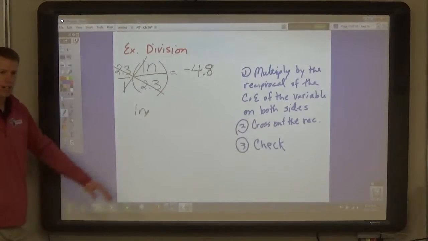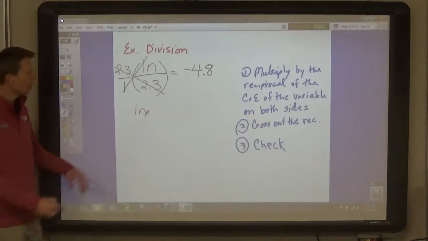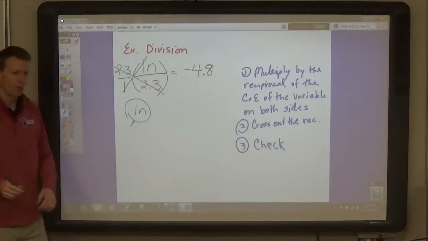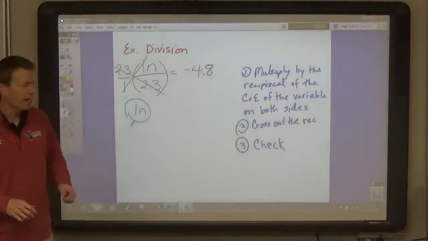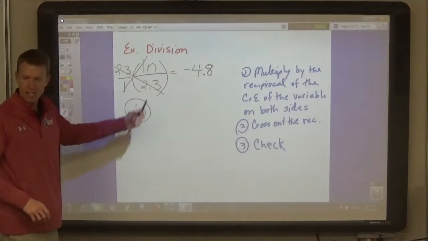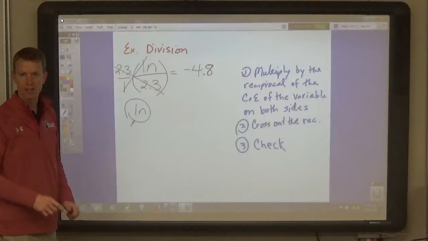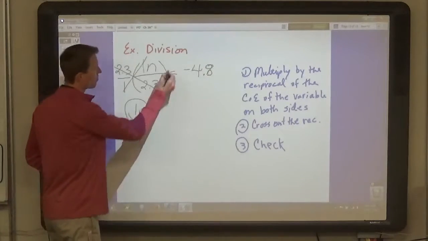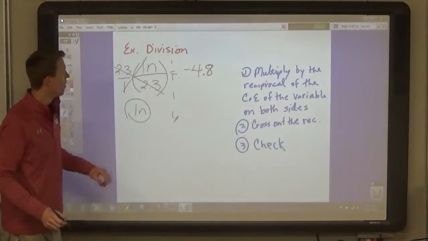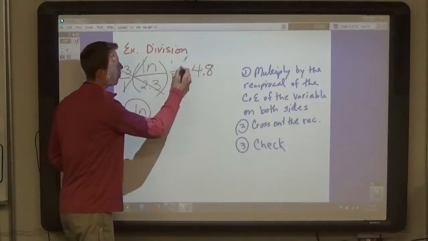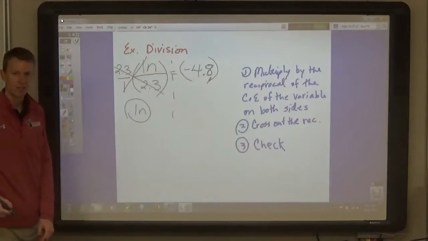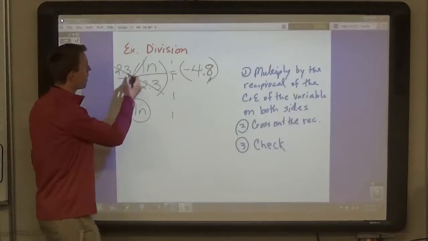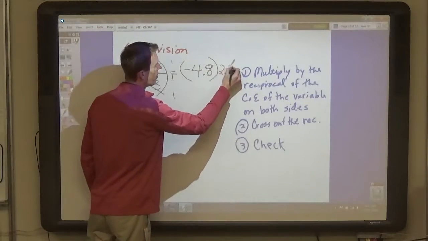So then we have our 1n again. That is what we are looking for, people. 1n. We want to get rid of the number that's on the same side as the variable and make it 1. Okay? Then, go to the other side. Put parentheses around that number and multiply it by 2.3.